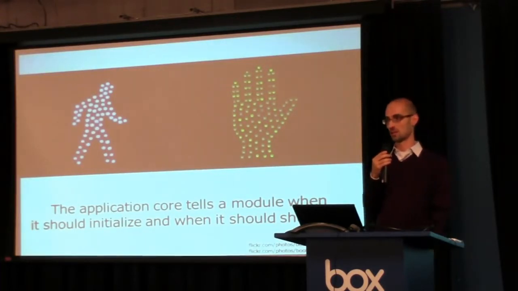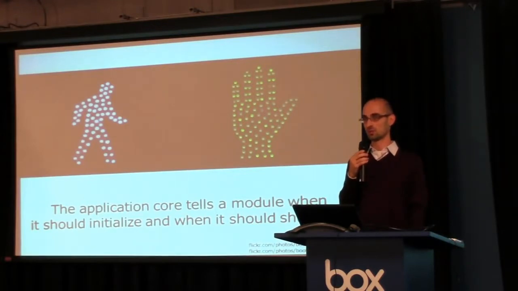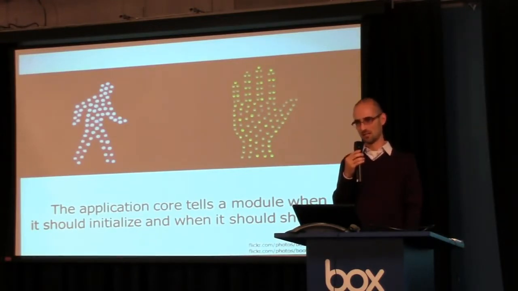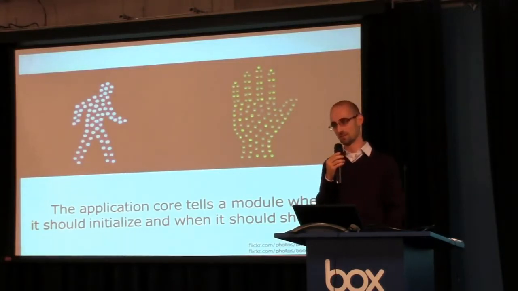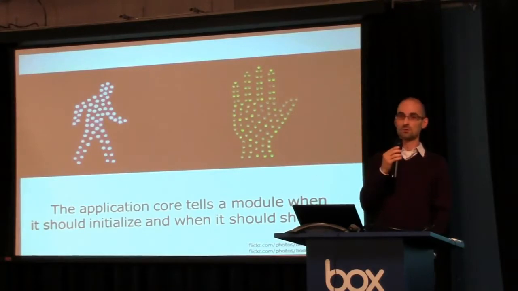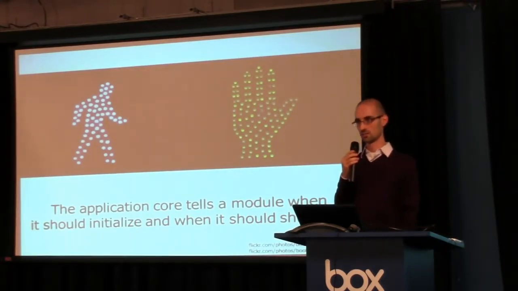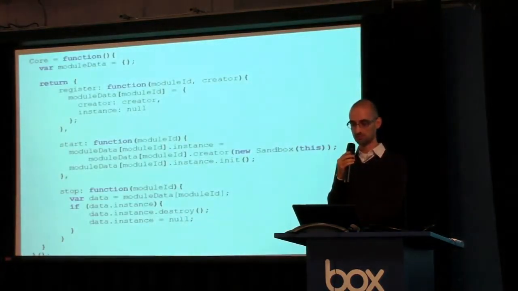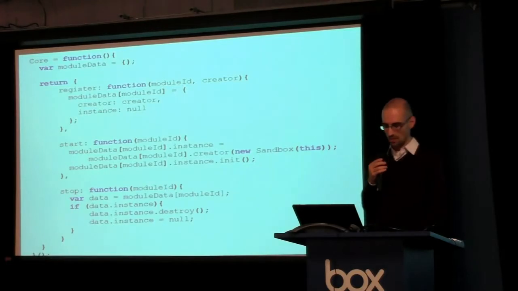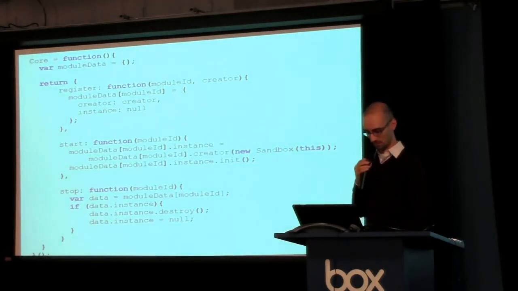When is it actually going to start? Well, I'm not really sure. Maybe we should just stub out document ready, and we'll call it automatically, and that will magically make stuff work. And then you're just making an even bigger mess than before. So making sure that the modules can be started and stopped whenever you want is really important for the long-term sanity of your application. And so this is what some of that might look like.